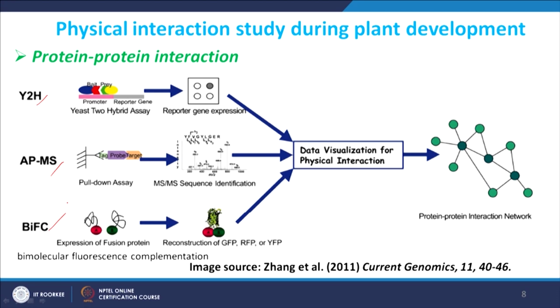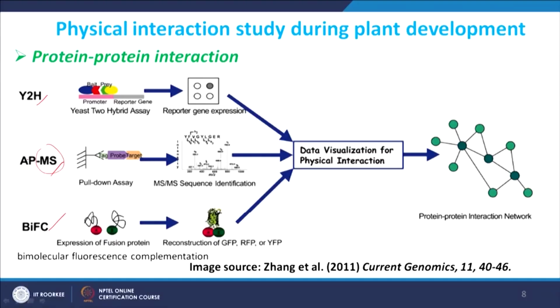So, in yeast two hybrid, what we are doing is, you take a gene, and you basically clone both the genes. So, here what is important is that you have to have both the genes cloned in different vectors. One will be fused with the bait and one with the prey. And if both the genes are interacting, then the bait and prey will come together and they will give some kind of signal.